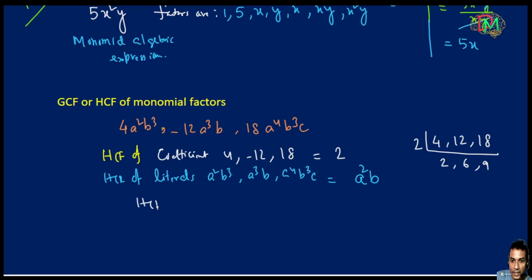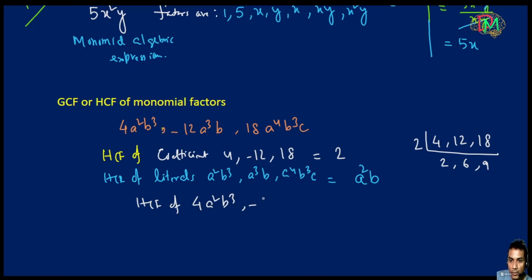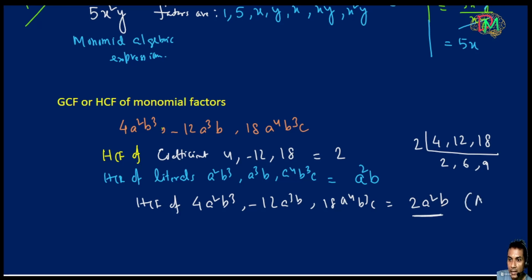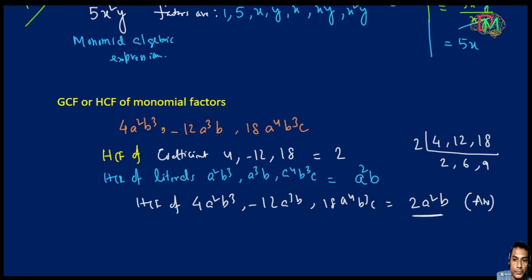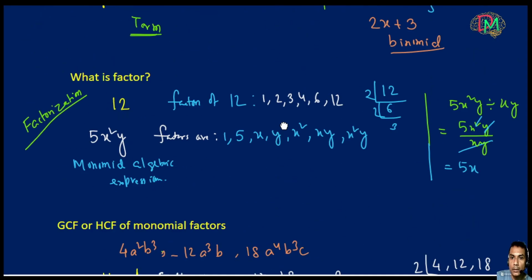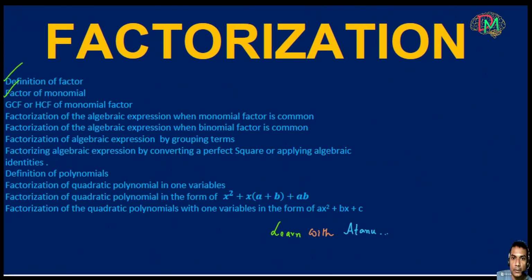So the HCF of 4 a square b cube, minus 12 a cube b and 18 a to the power 4 b cube c is equal to, multiplying these, 2 a square b. So this is the right answer. Clear? So the third is also completed. Clear?